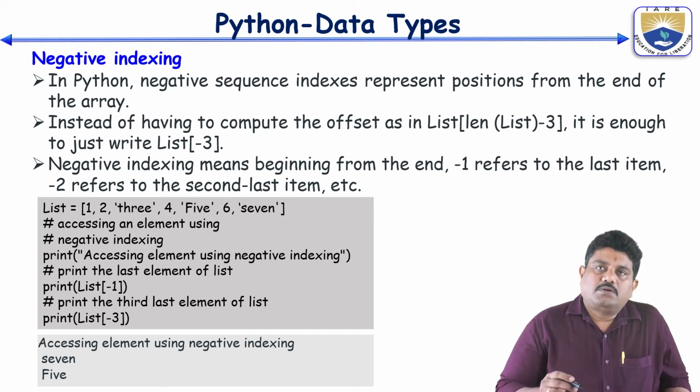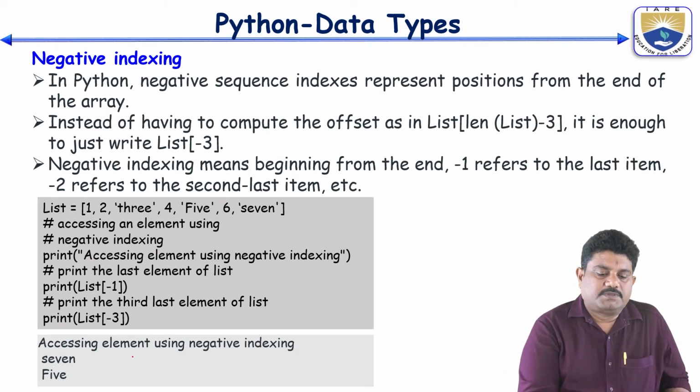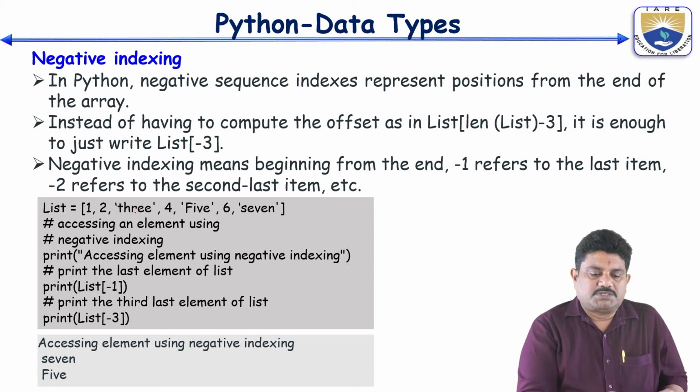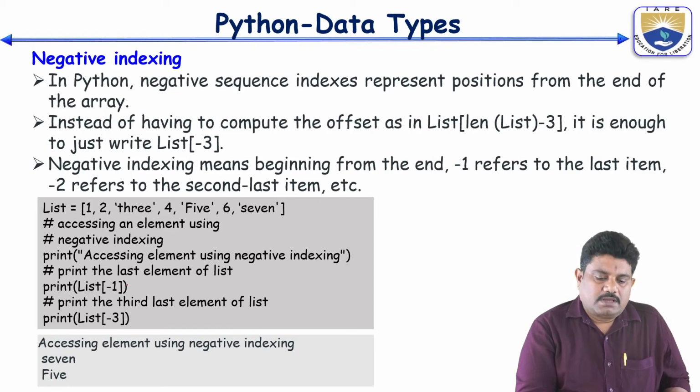This is the example here. The list is defined as 1, 2, 3, 4, 5, 6, 7 with a combination of numbers and strings, and accessing elements using negative indexing: print list of -1. I'm passing the -1 index, which indicates the last item of the list. What is the last item of the list here? 7. That's why 7 is printed.